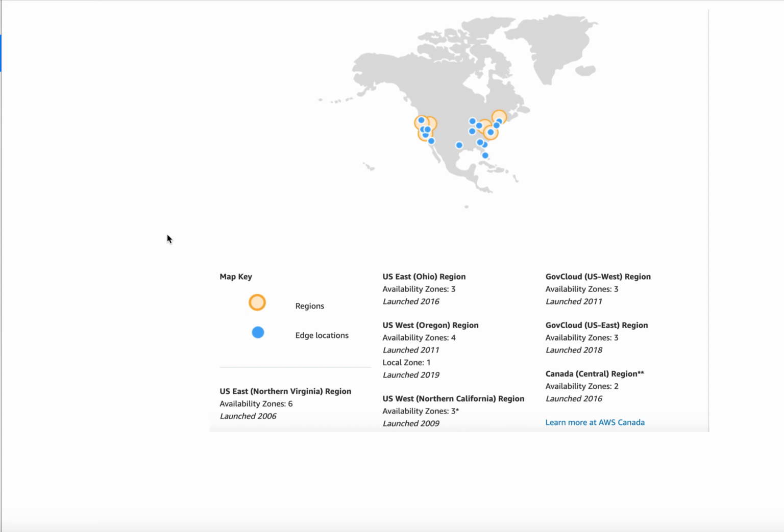And for high availability reasons, people normally create their compute resources duplicated in multiple availability zones. So if one availability zone goes down completely, they can create in the other one. So that is regions and availability zones, and these availability zones are connected through low latency.